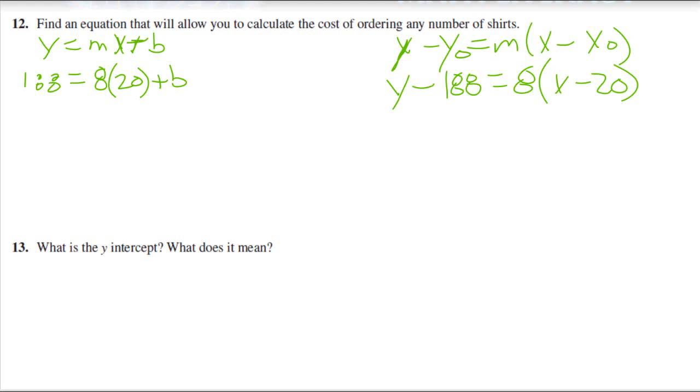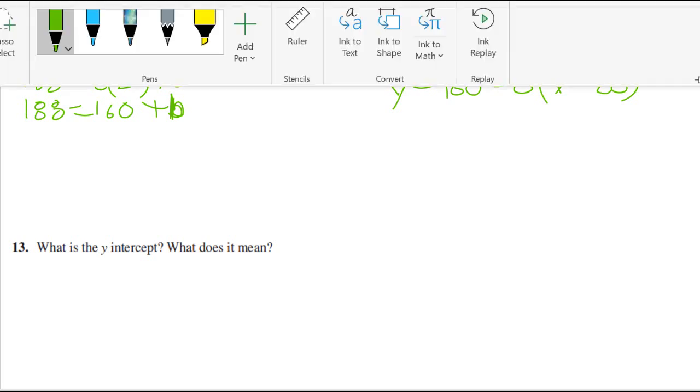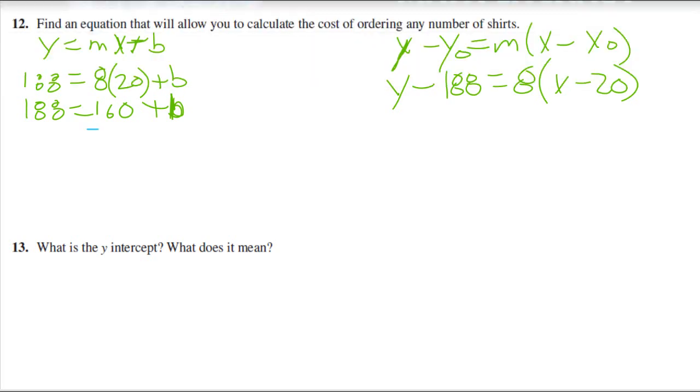On the left-hand side, I've got enough information now to calculate my y-intercept. 160 plus the y-intercept equals 188. Well, I know if I'm going to add b to 160 and get 188, I can find out what b is by subtracting 160 from 188.